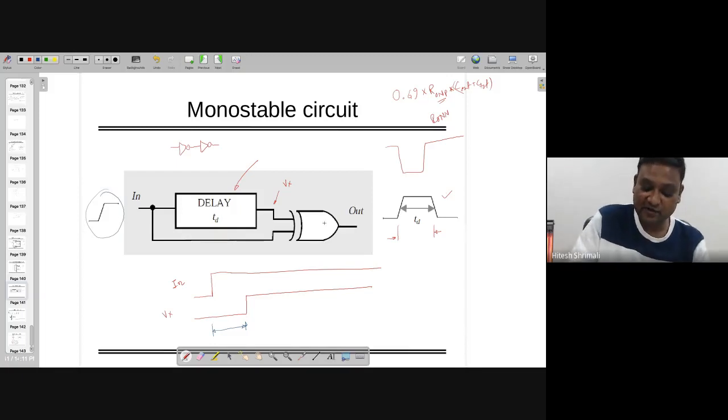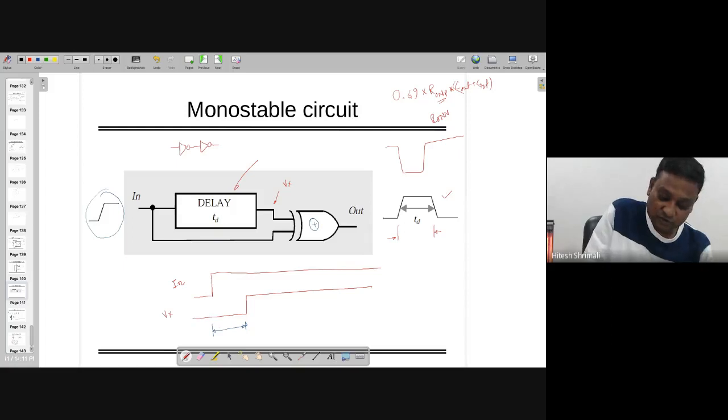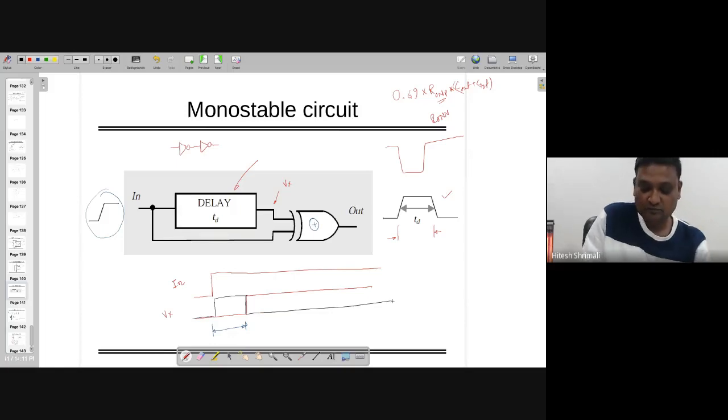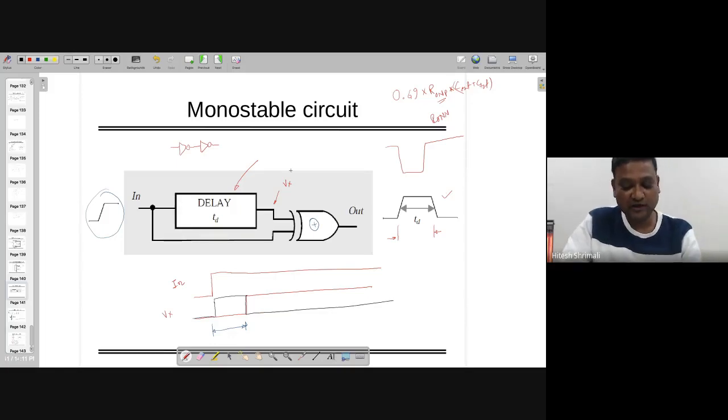So in that case, because of this XOR operation, the output is going to be 1 when the inputs are not equal. If both are equal, then output is 0, right? So as it is known to us, this is how it looks, and this is creating a mono-shot circuit. So this is one example.